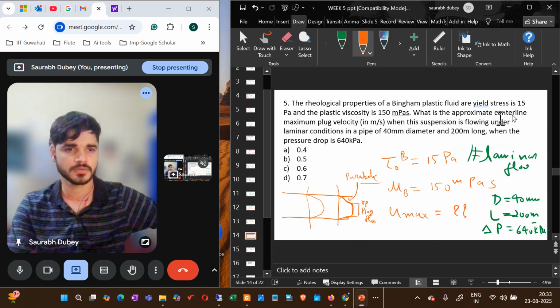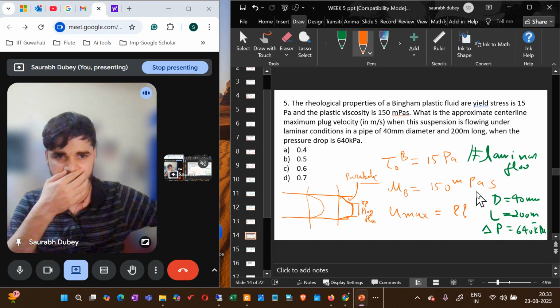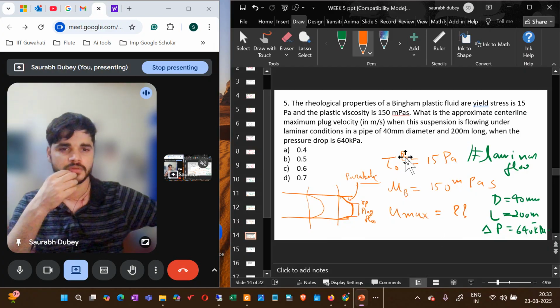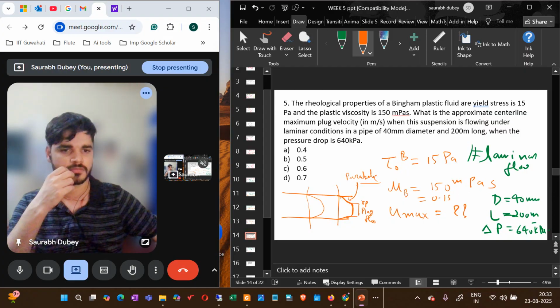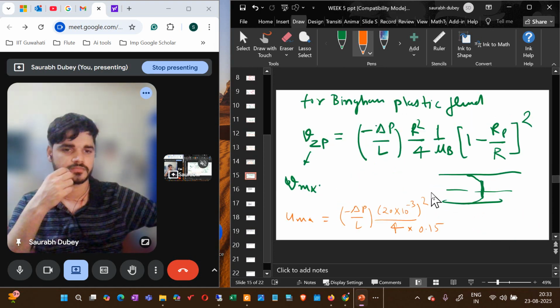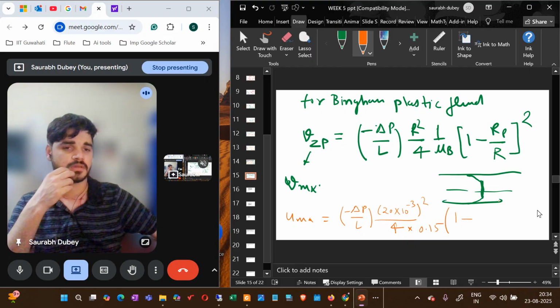It is the value given here. This is 0.14 pascals, and you merely divide by 1, right? Into this is what, 1 minus Rp by R.